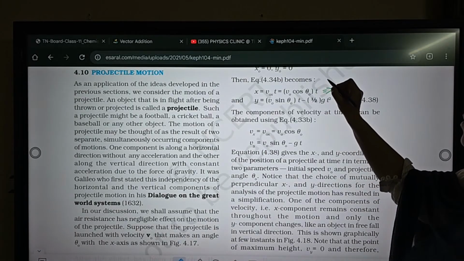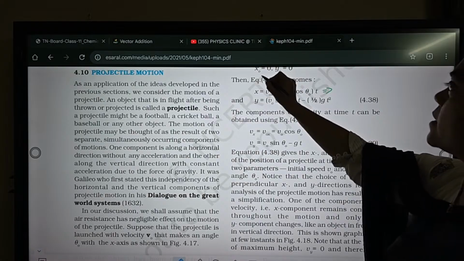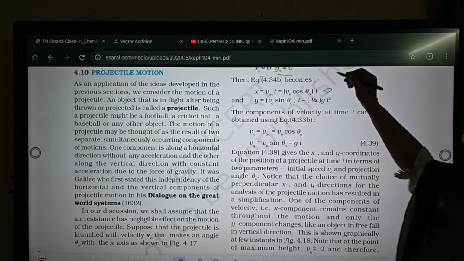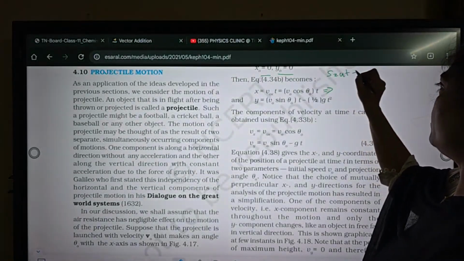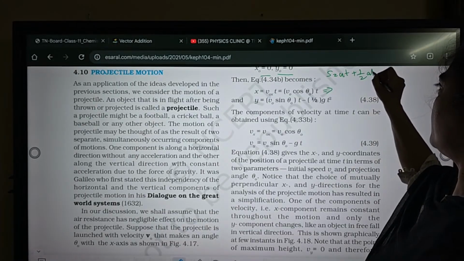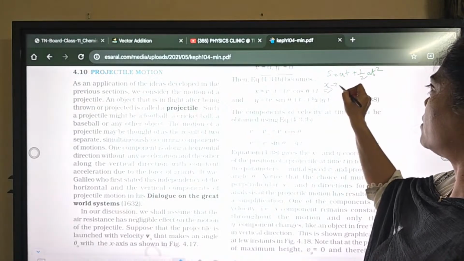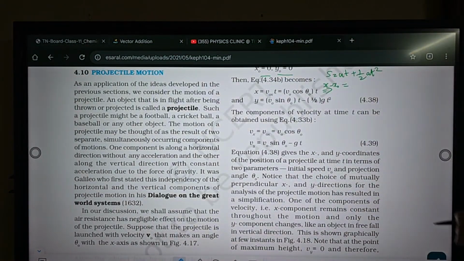Start writing right now. This is the first case. At the starting point, x naught is equal to y naught is equal to 0. So what is the equation? You are taking the second equation of motion, s is equal to ut plus half at square. Here, instead of s we are taking x minus x naught, right? From the initial position to the final position of the object.